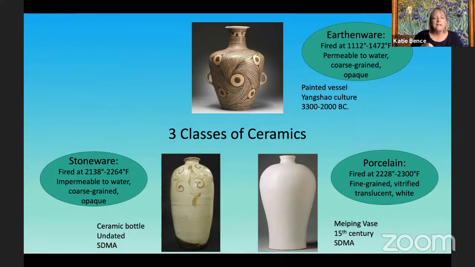As a result, it is translucent when held up to the light, and it rings when you strike it. The clay body for porcelain ceramics was predominantly found in Jingdezhen, China, which is why the dishware we use for entertaining company is colloquially referred to as our China.